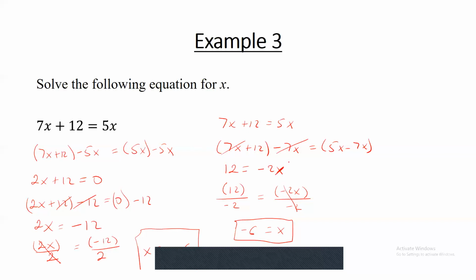Like I did here. I have 12 equals negative 2x. My x's are by themselves, as opposed to, in this case, I don't really win anything from the right side of the equation being 0, but here I have to get rid of the 12 and 2. It's slightly more work. Again, it leads you to the same correct answer, but takes one step longer.